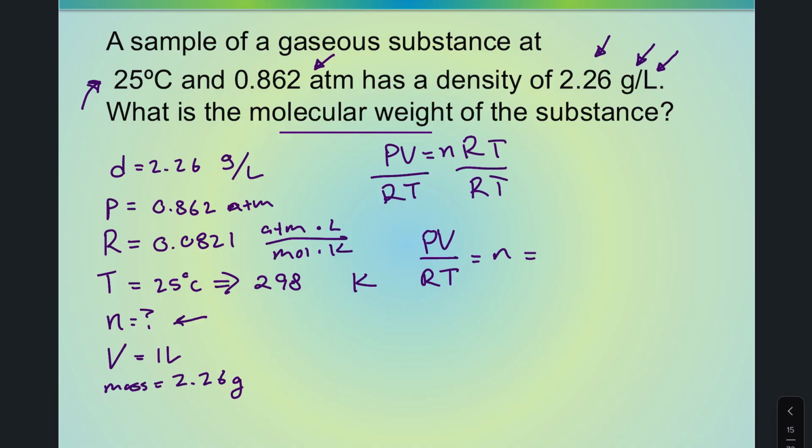So our pressure is going to be 0.862. Our volume is going to be 1 liter. We'll divide that by our R, 0.0821, times our temperature, which is 298.